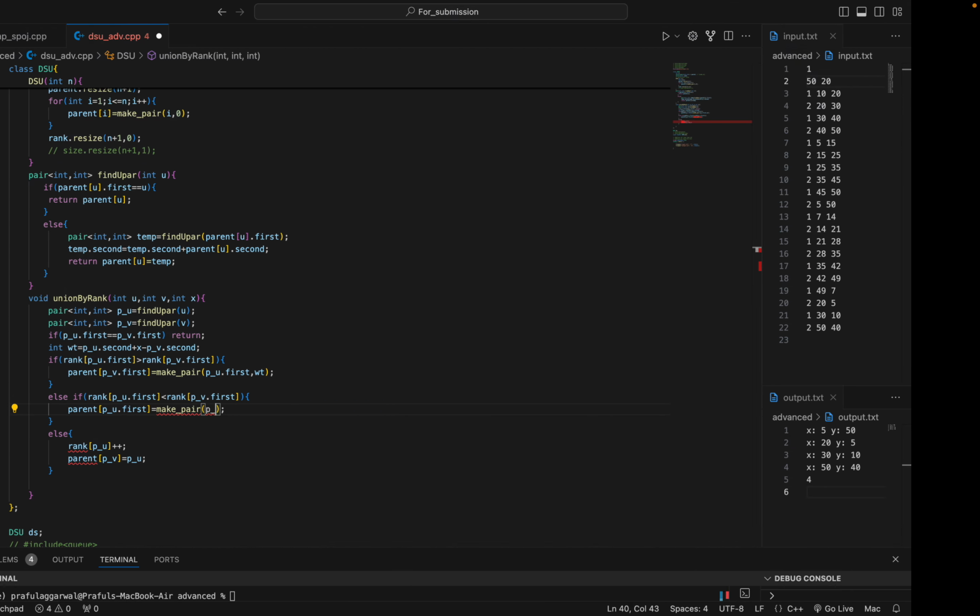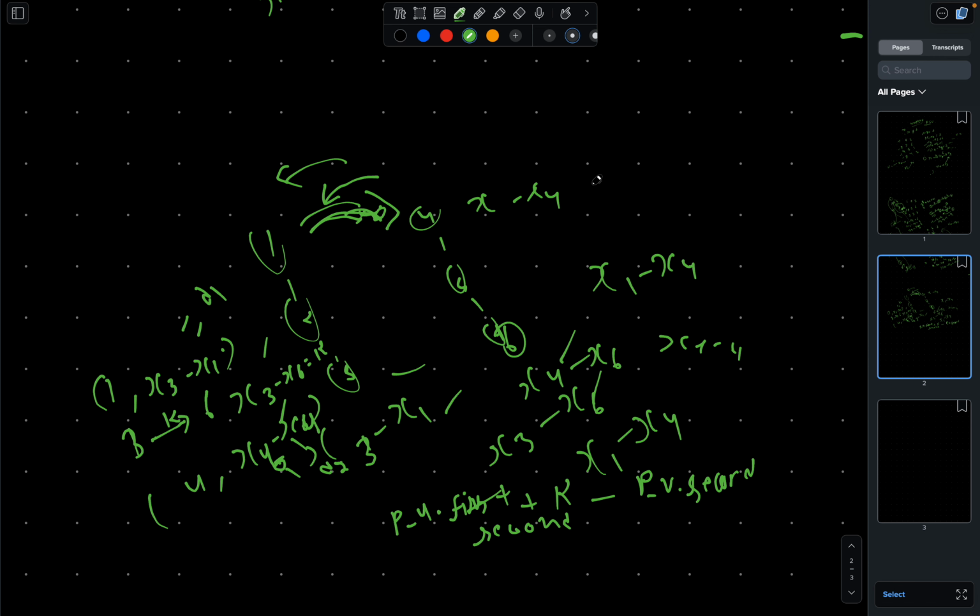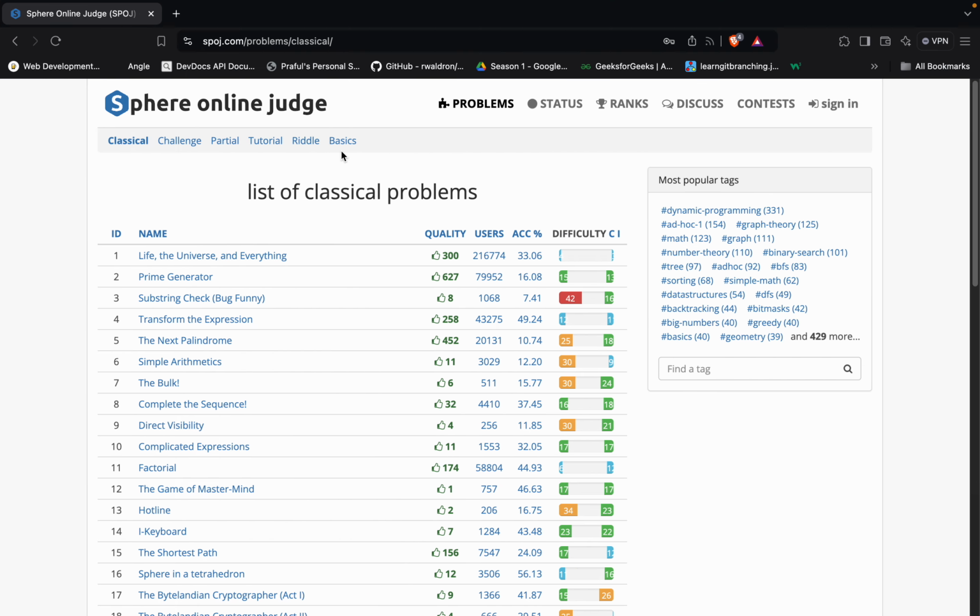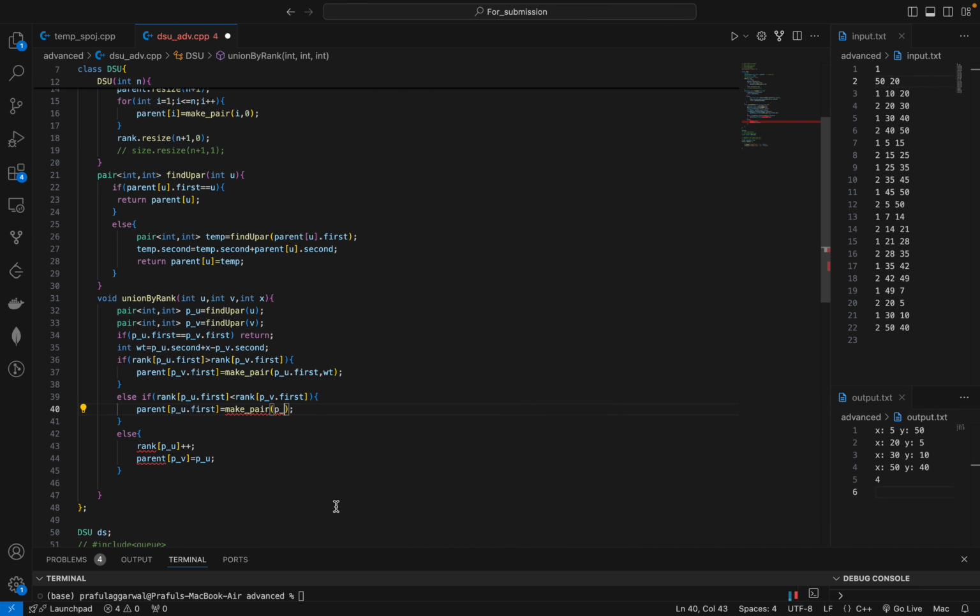See, if the edge from here to here is weight, what will be the edge from here to here? It will be minus weight. So we don't need to calculate that again, we can just do minus weight, and this will be p of v dot first.